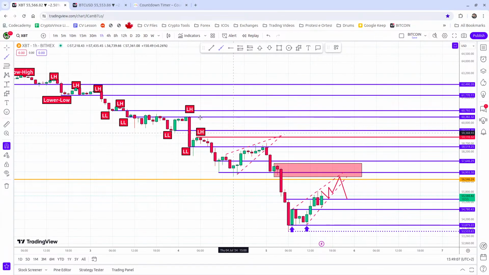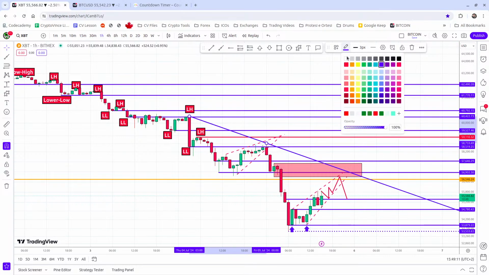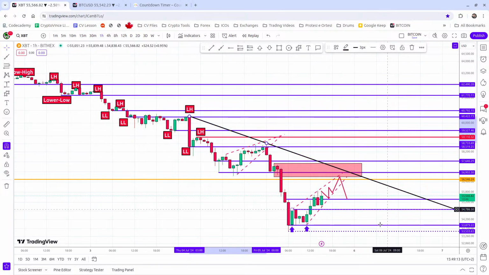The ray from that to here. So there is a confluence around this level. If it breaks above the supply and breaks above the downtrend, that could really be bullish, guys. If it doesn't, we will go back down.